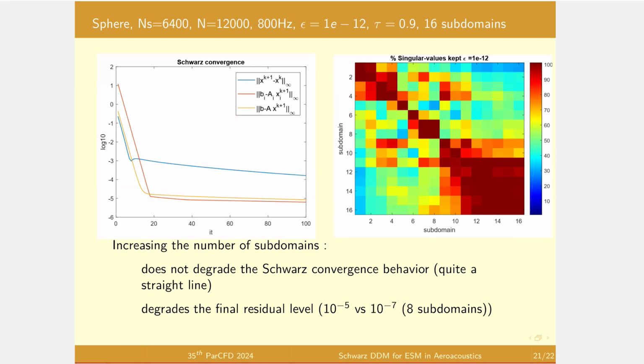But this degrades the final residual. We have only about 10 to the minus 5 compared to 10 to the minus 7 with a subdomain. Here is what we see: the decomposition of the singular values for each block that have been gathered.